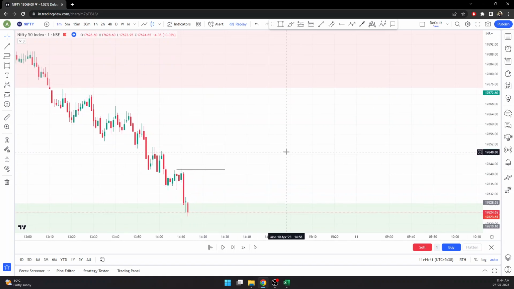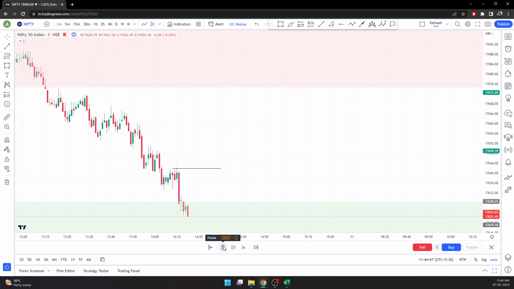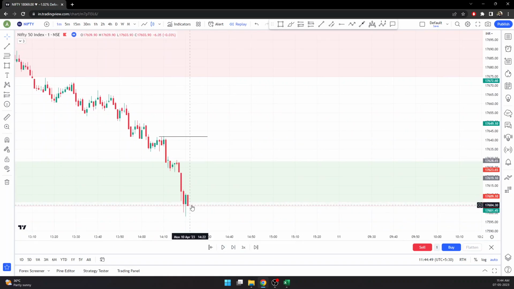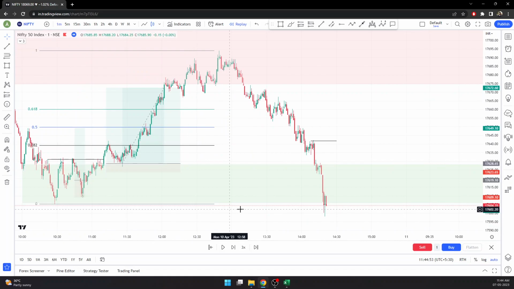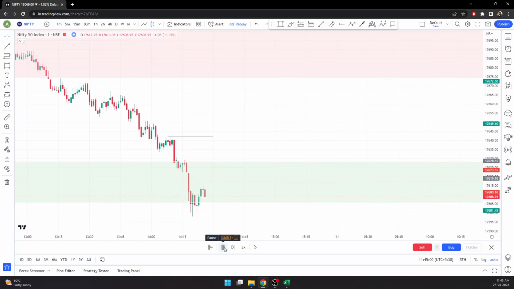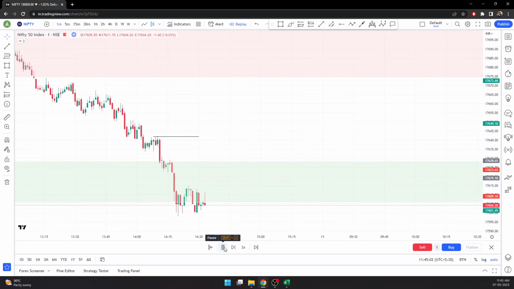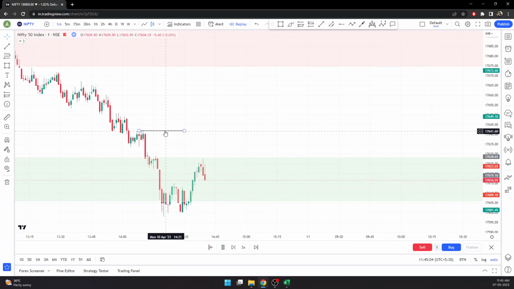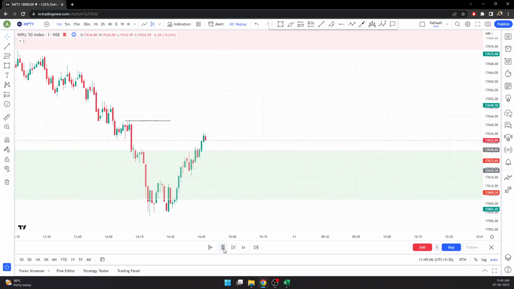This is back testing, so let's see what happens if we follow our trade plan. It almost broke down this particular demand level, but that's fine. It could be a liquidity grab. That's fine. Buying, we could see some buying coming up from here. Let me stop here.